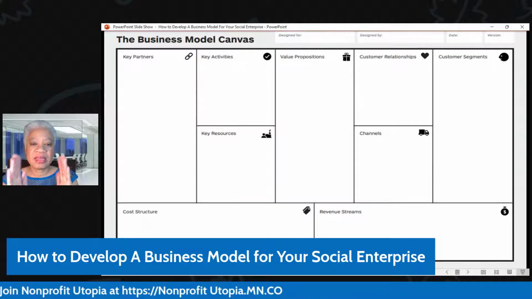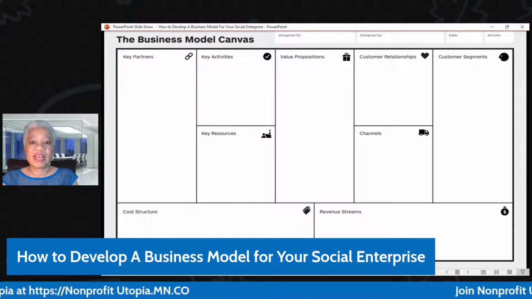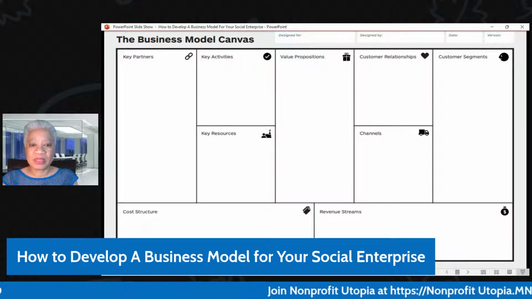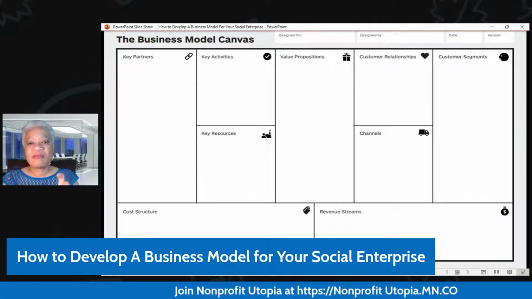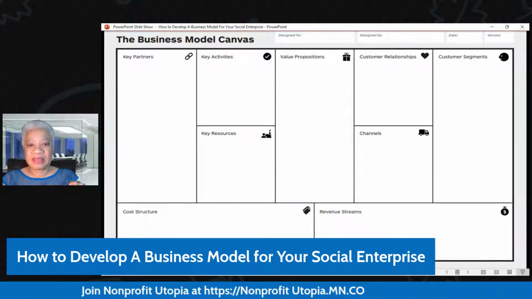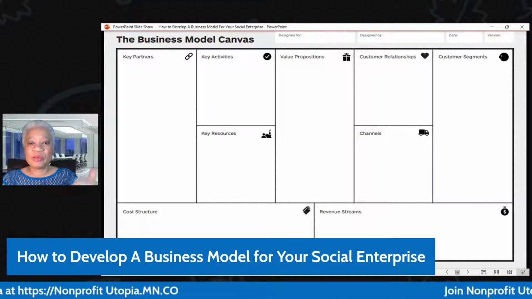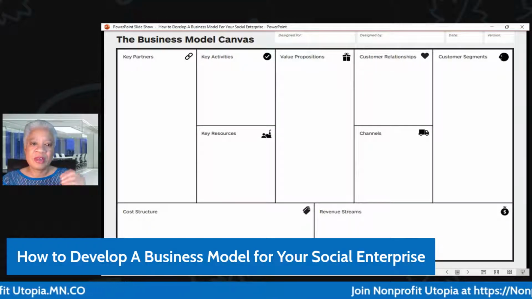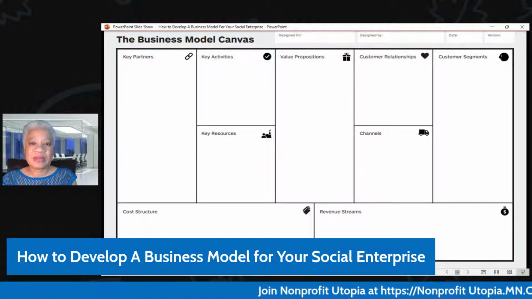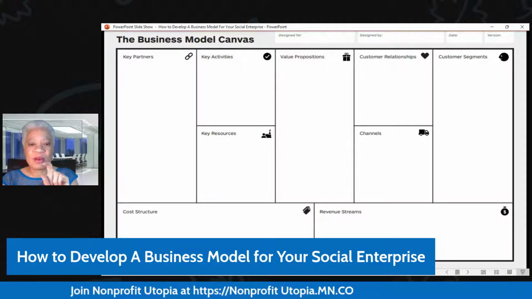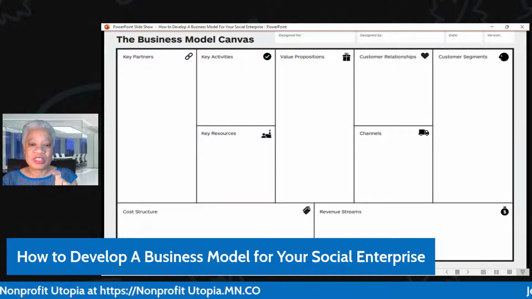And notice here in the middle, you have your value propositions. So you can have more than one value proposition, because remember, for every customer segment, you're going to have a different value proposition, right? So you have to go through that whole process of developing a value proposition canvas, fleshing those out, and figure out what your various value propositions are.